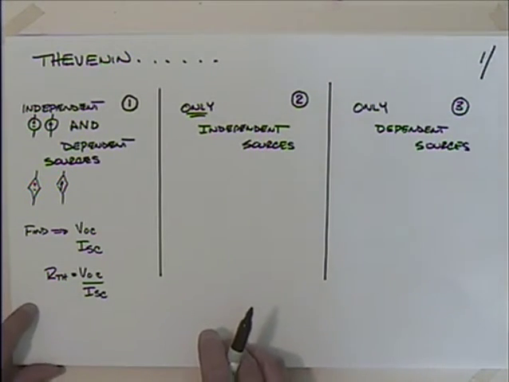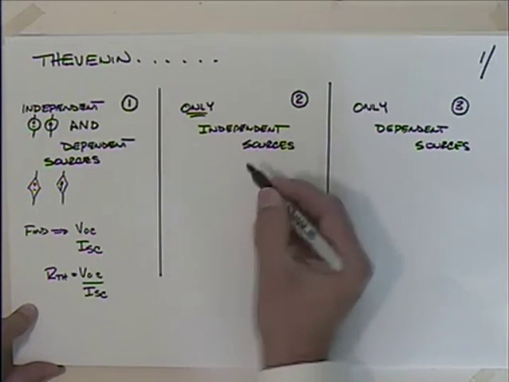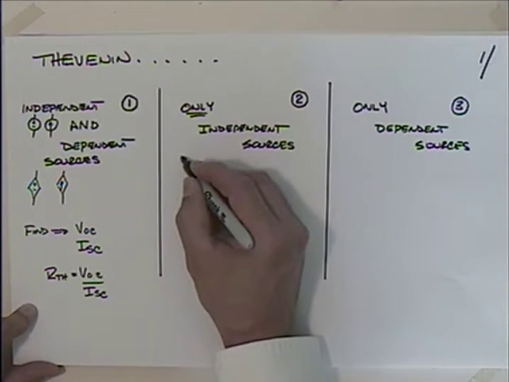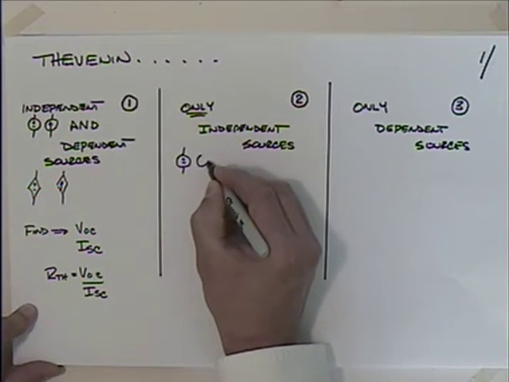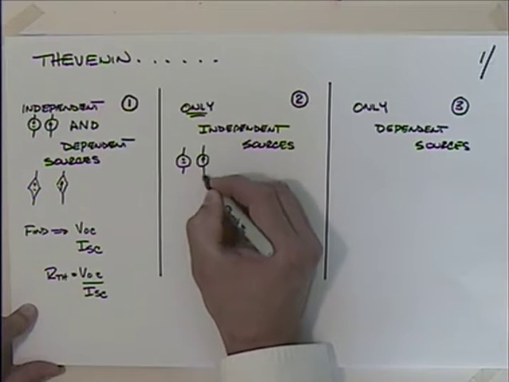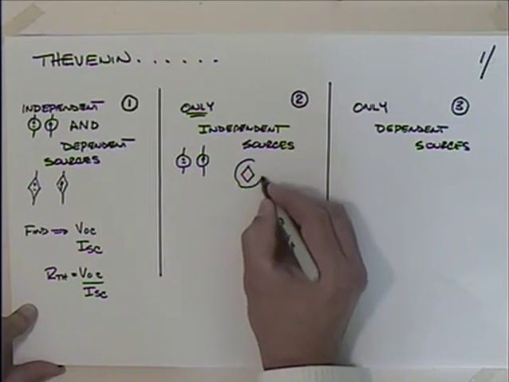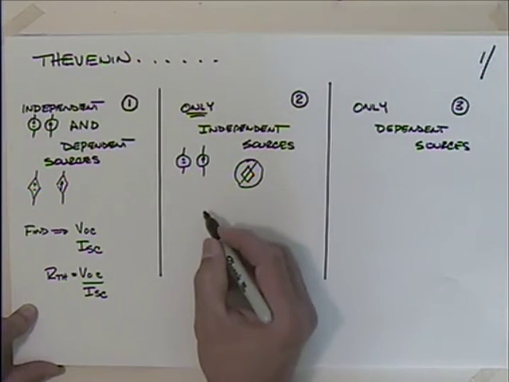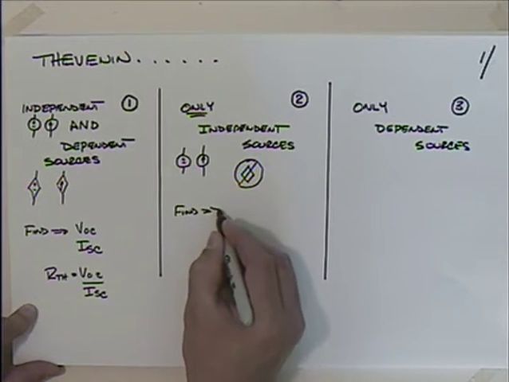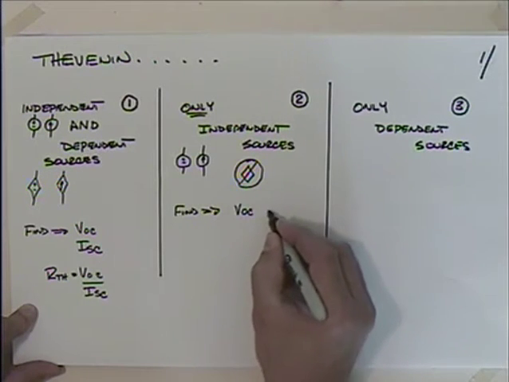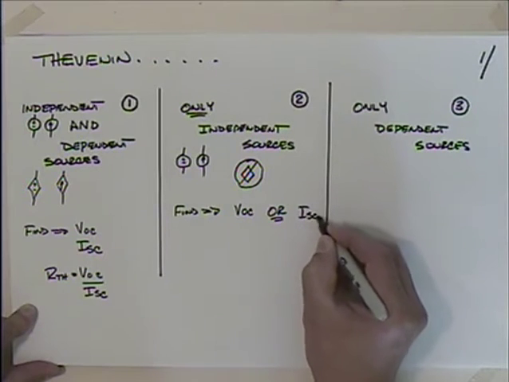Now what you're hoping for is that you have a circuit that has only independent sources, so you only have the voltage sources like this, or the current sources like this. You don't have any diamonds, so to speak. With that, you will find V open circuit, or you really only need to find one or the other, I short circuit.